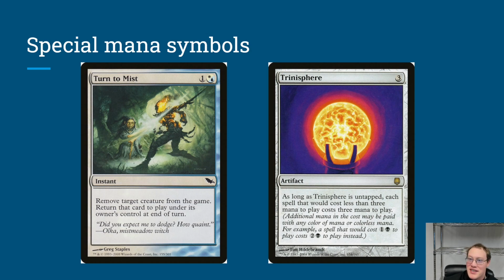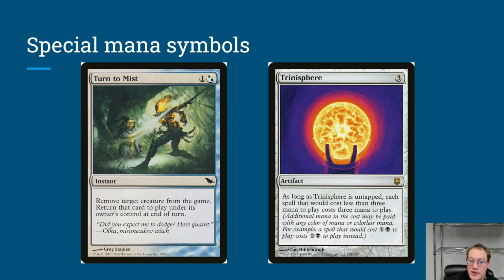We have the Turn to Mist, and that's a little bit less exciting because the Turn to Mist is going to be costing 2 and then whatever color you're choosing either way with the Trinisphere out. But I did want to talk about these because maybe in the future sometime they're going to print some cards where this is going to come up. And the idea here is the choosing of which thing you're going to pick to pay for the hybrid mana symbol.